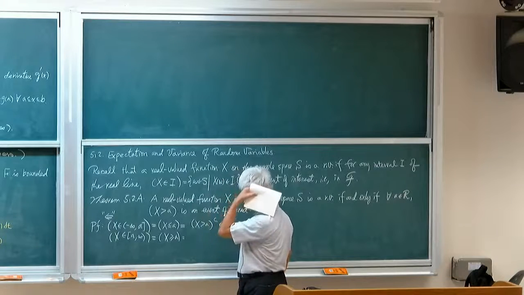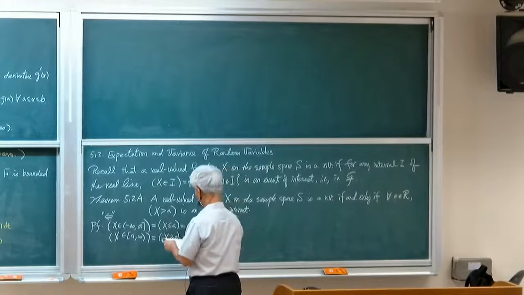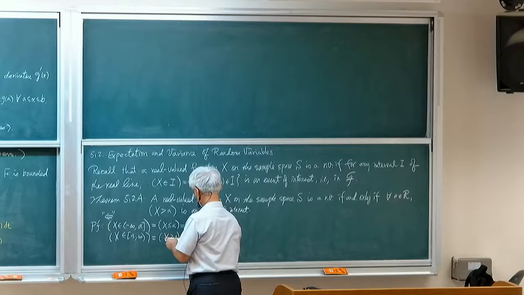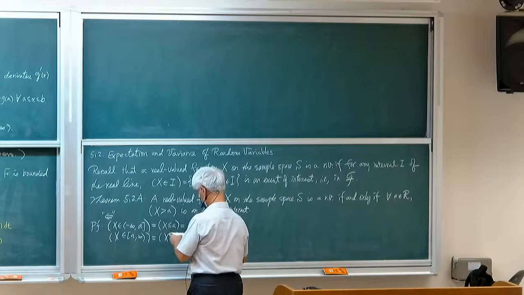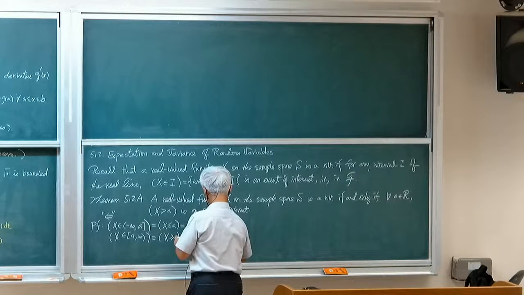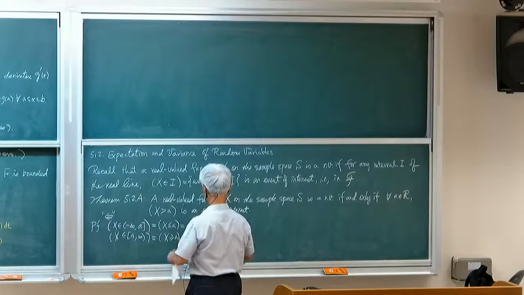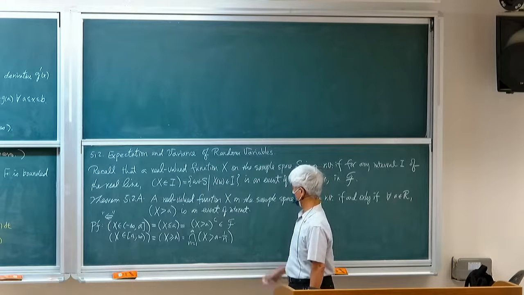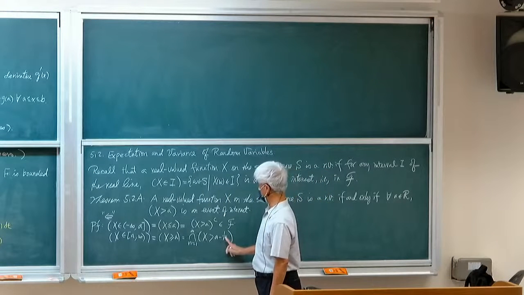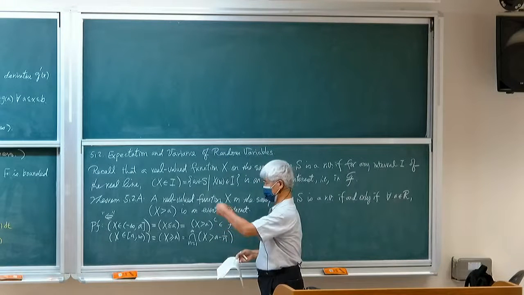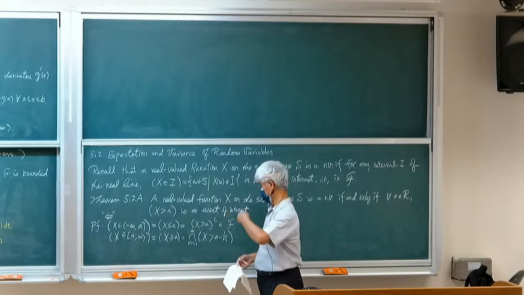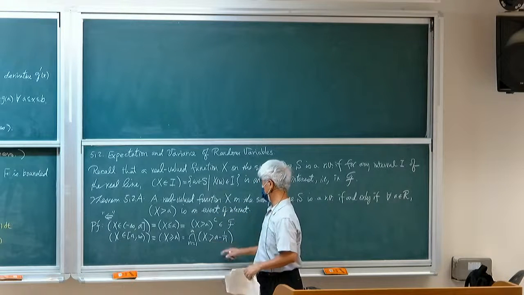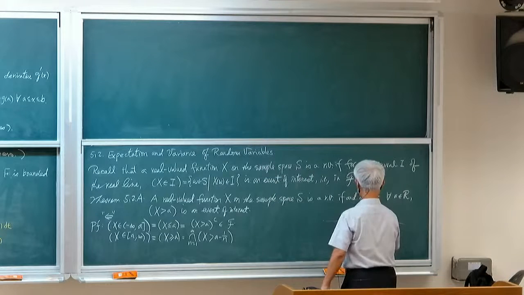Well, that is the intersection of X greater than a minus 1 over n. Because as n becomes bigger and bigger, a minus 1 over n approaches a from the left-hand side.